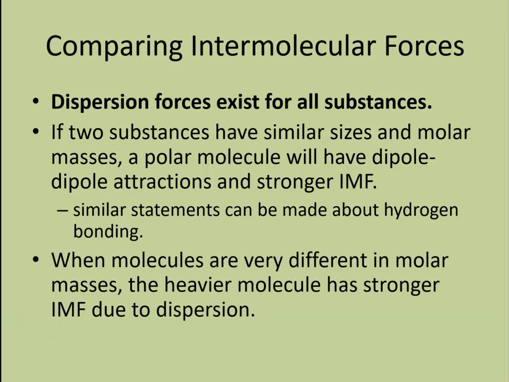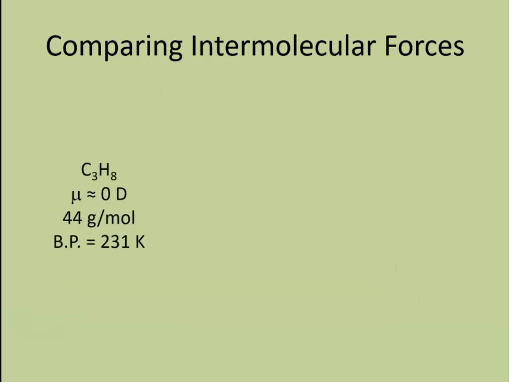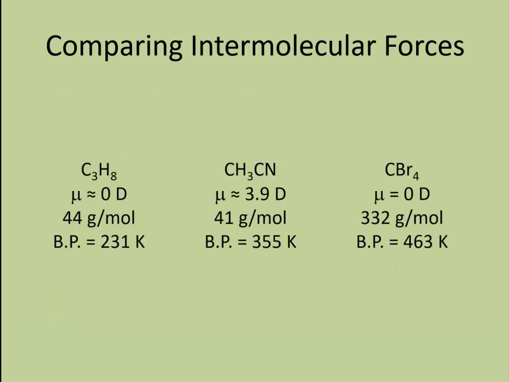But it is also the case that when you have a very large molecule, then the dispersion forces become very significant, and they kind of control everything. And I think this is my last slide, and it just compares 2 things we've already looked at in this video: propane, which is nonpolar, and acetonitrile, which is polar. They are very similar in size and molar mass, and so it makes sense that the acetonitrile, because of its dipole-dipole interactions, has a higher boiling point than propane.